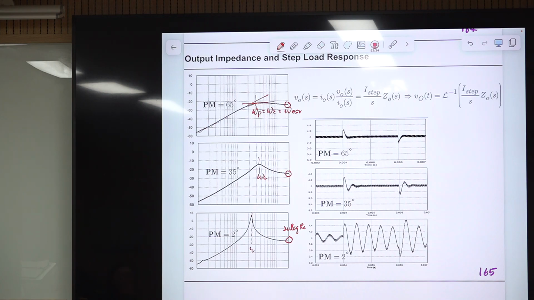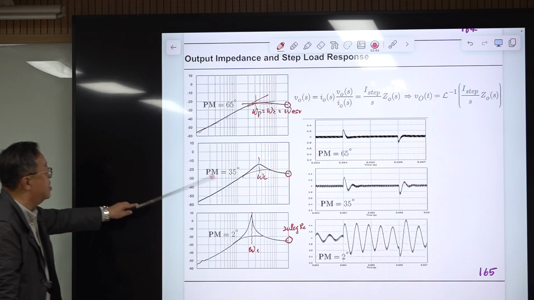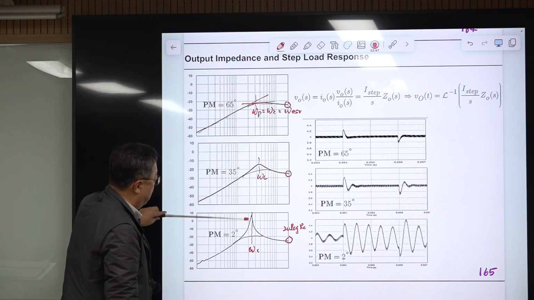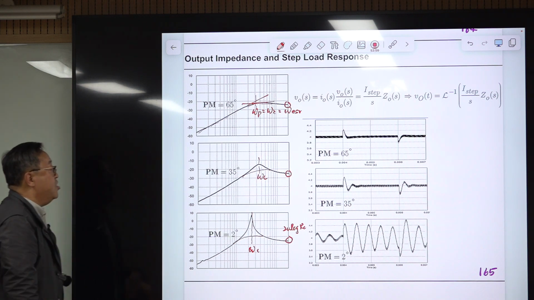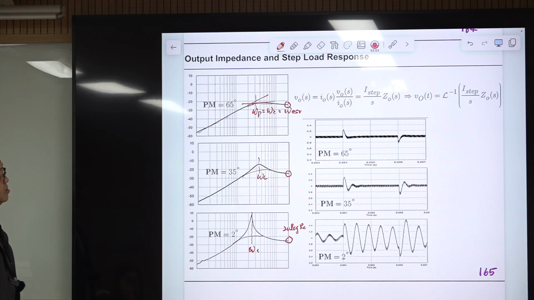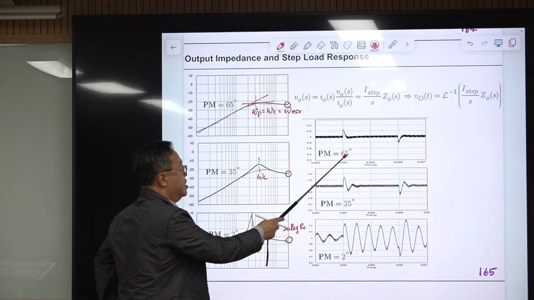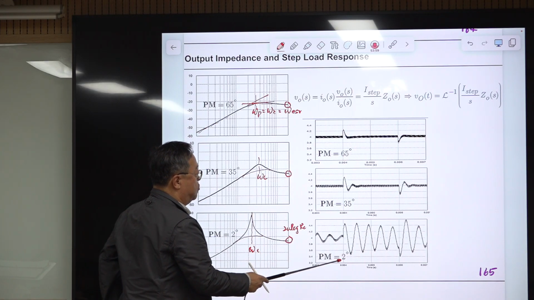Loop gain crossover frequency is here, and the peaking is related to phase margin. So from this, you can calculate the phase margin indirectly, okay? And this is the step load response simulation. This is the phase margin of 65 degrees, 35 degrees, and 2 degrees.